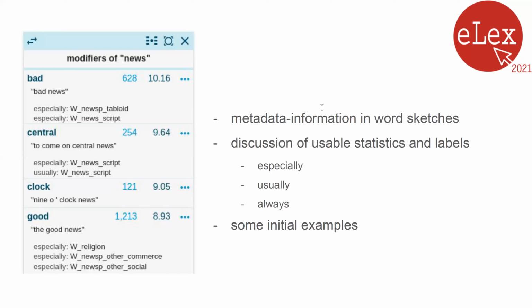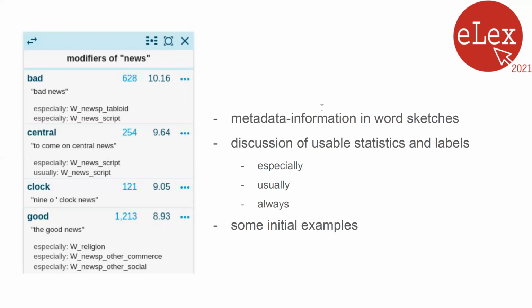But the result is we have introduced three labels: especially, usually, and always, where especially means that the collocation is relatively more frequent in the particular text type than in the rest of the corpus, whereas usually and always mark that the absolute majority of occurrences is in that particular text type.